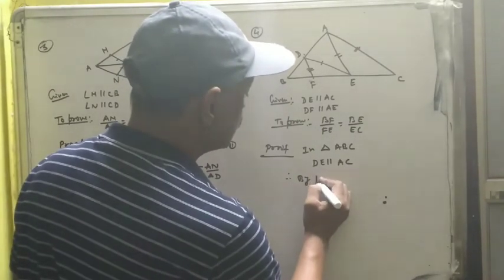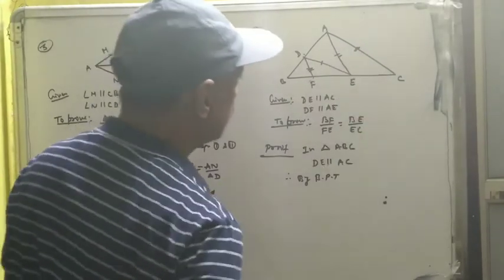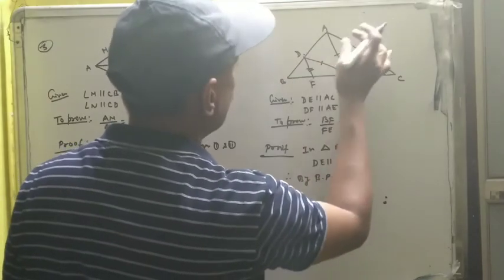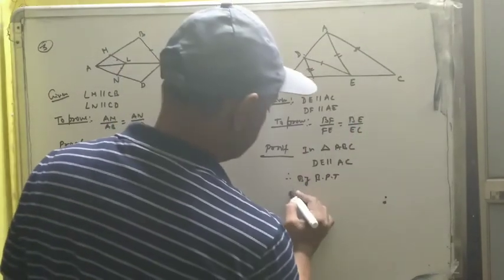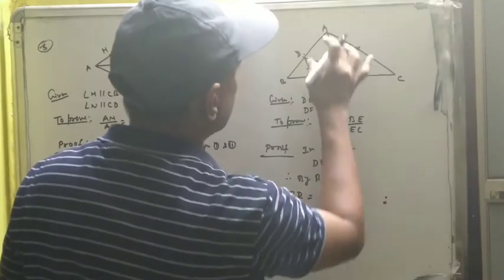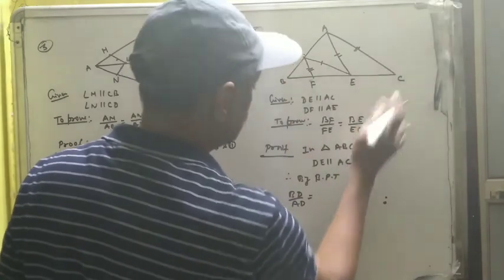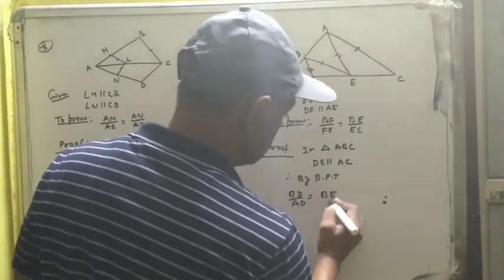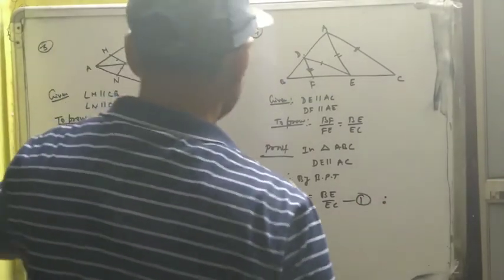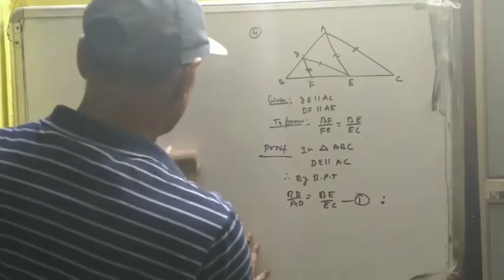Therefore by BPT we can write, we have taken the bigger triangle, so we can write BD upon AD equal to BE upon EC. This is equation number 1. Now for the second equation, just move into the second triangle.